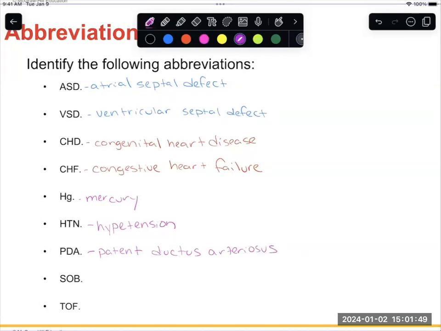SOB, shortness of breath. And TOF is that tetralogy of Fallot.